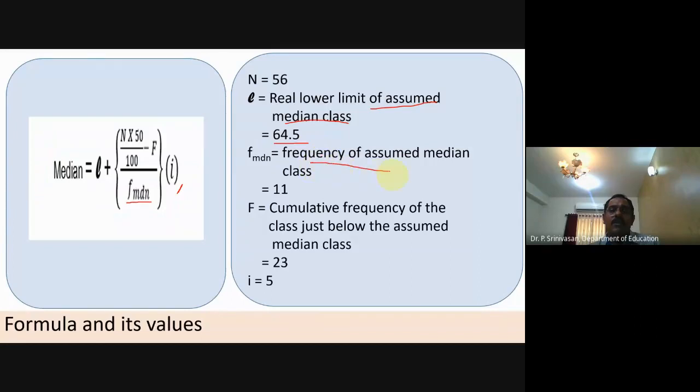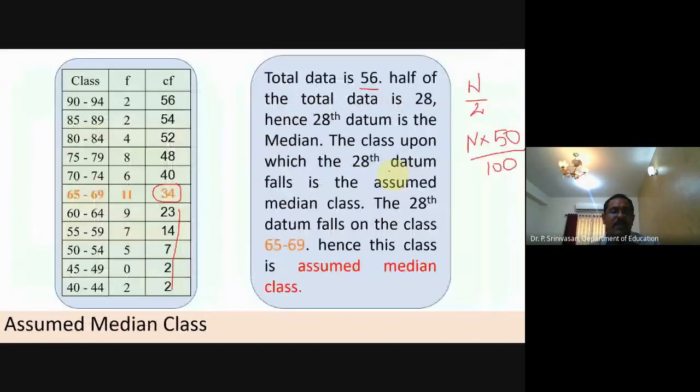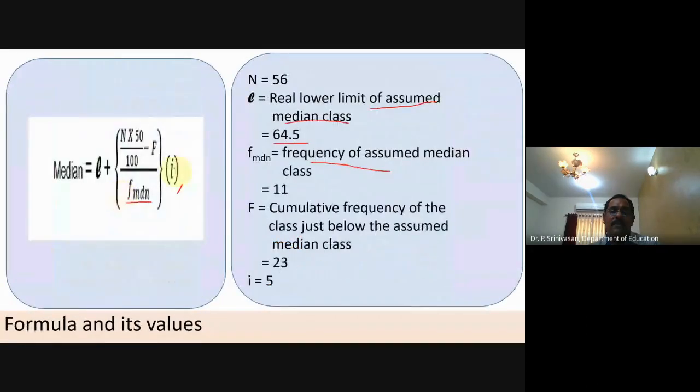Frequency of the assumed median class is 11. This is the frequency, so that's what I have taken, 11. Capital F is the cumulative frequency of the class just below the assumed median class.